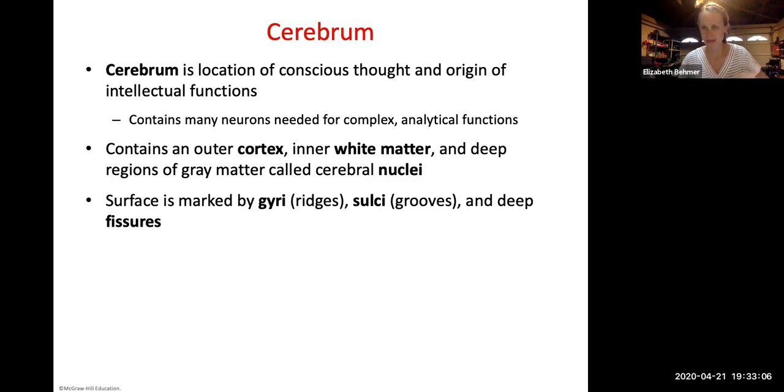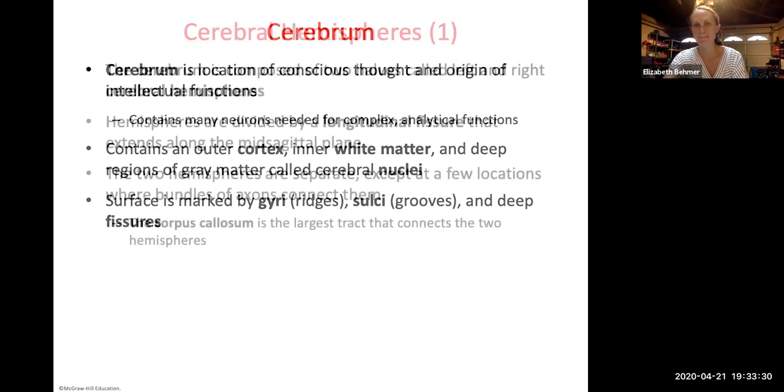So the cerebrum basically has all the lobes in the brain. It's the location of conscious thought and the origin of intellectual functions. It has an outer cortex and inner white matter and a deep region of gray matter. The surface of the cerebrum is marked by those gyri, those ridges, the sulci, the grooves, and the deep fissures.